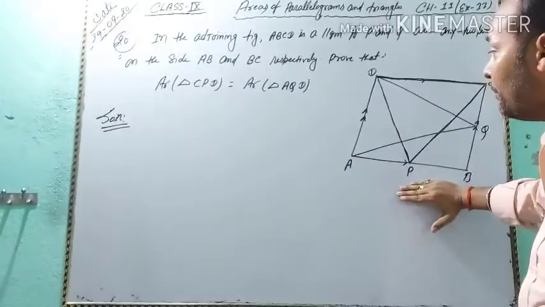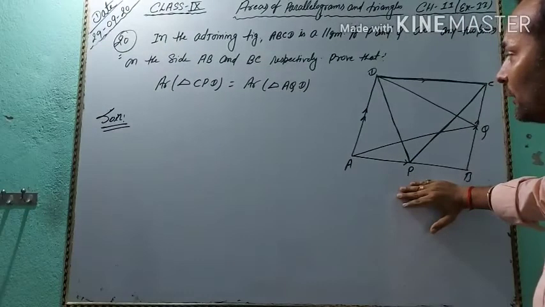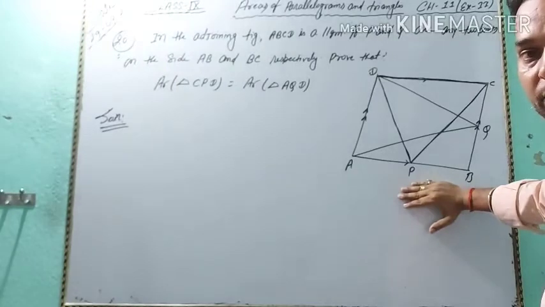Okay, then we know that the area of a triangle is half the area of the parallelogram.